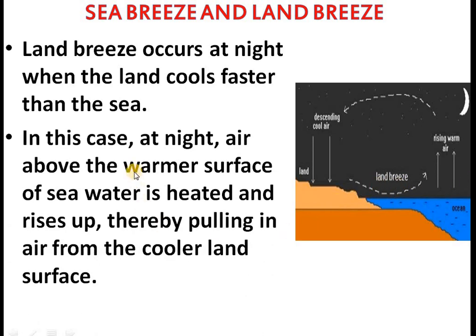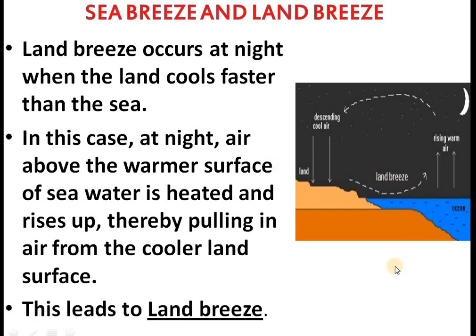In this case, at night, air above the warmer surface of the sea is heated and rises up, thereby pulling in air from the colder land surface. So breeze or wind blowing from land to sea is called land breeze, and this is occurring because air pressure at the sea is less than the air pressure at the land.